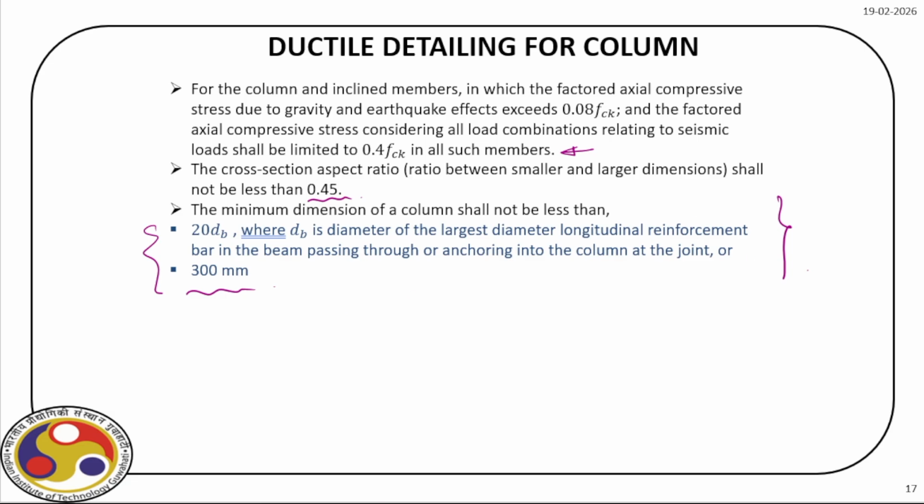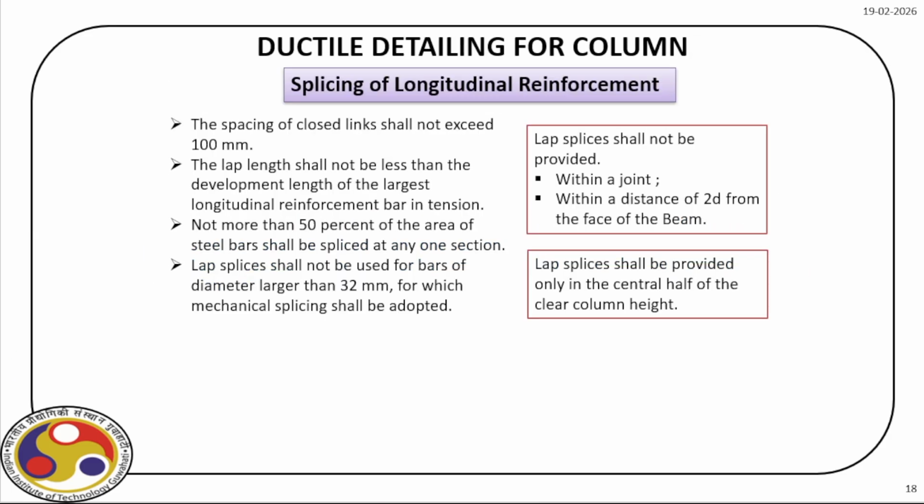So again, we have already discussed column design in detail, but on top of those, we have to also ensure that these guidelines are followed. Now, again, splicing is important, splicing of longitudinal reinforcement in columns. So the spacing of closed link shall not exceed 100 millimeter.